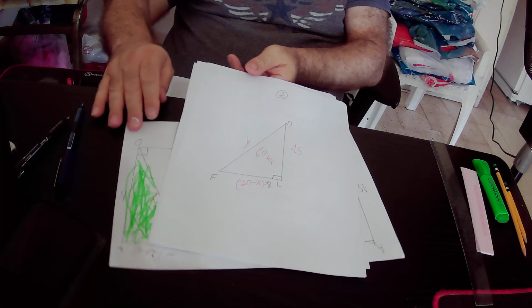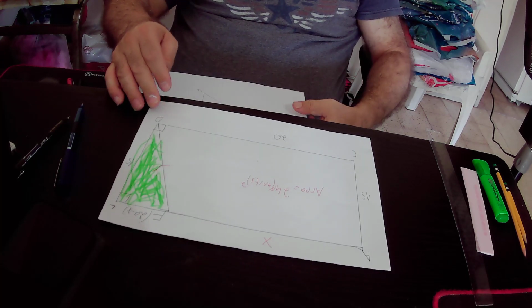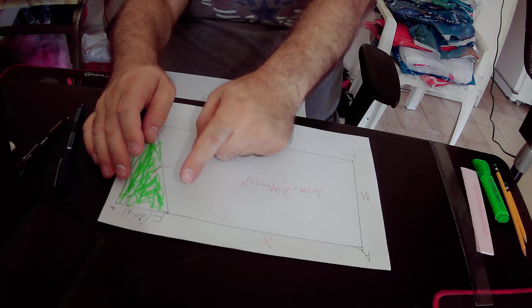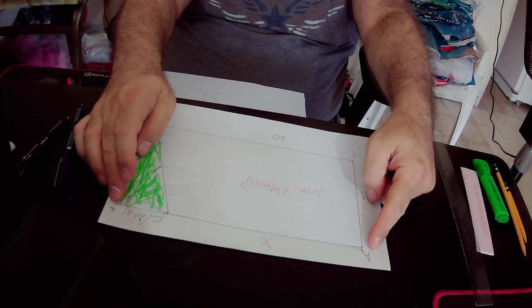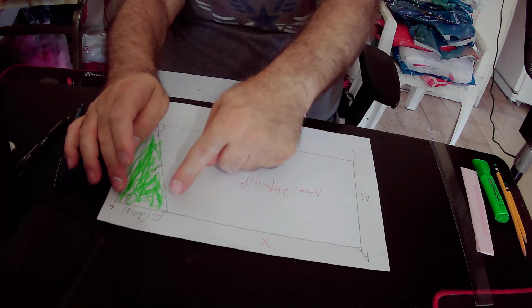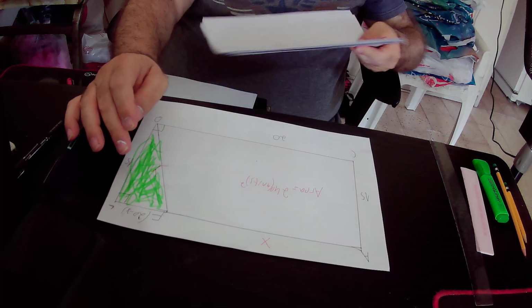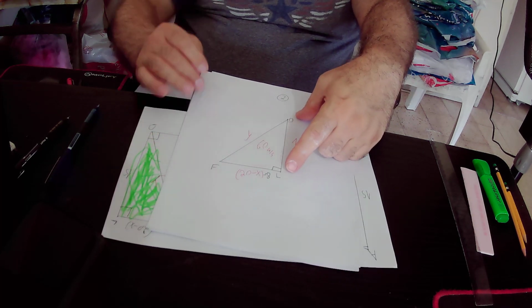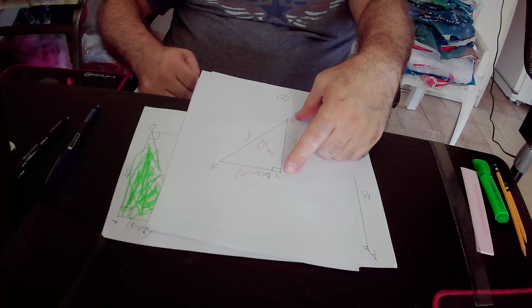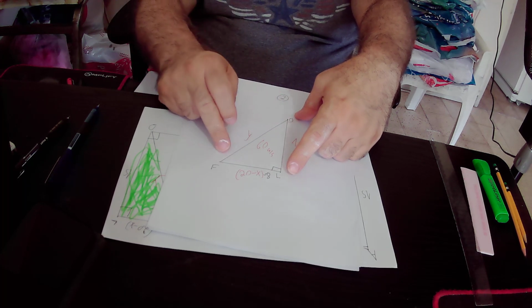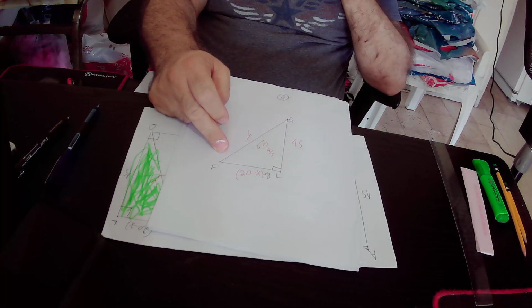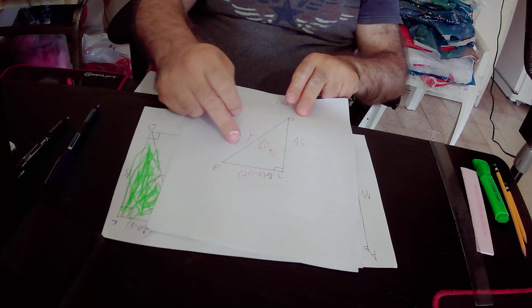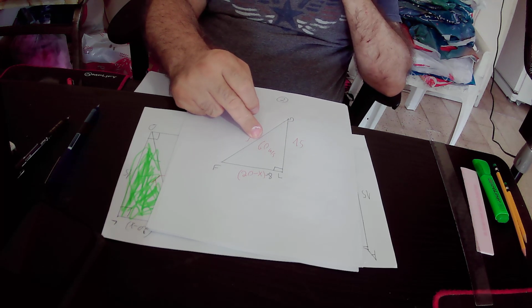Side FL equals 20 units minus x. So FL equals 20 minus x. LD is given, it equals 15 units, and y is something that we have to find. But we know that the area of this right triangle equals 60 square units.